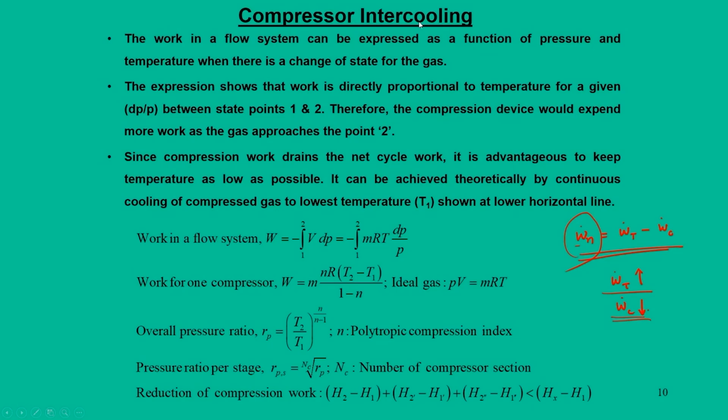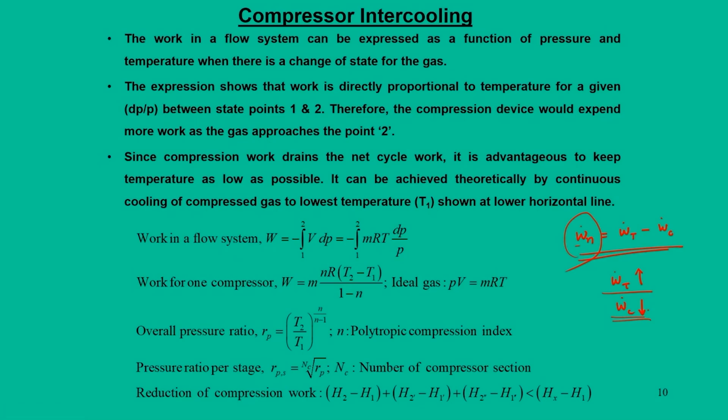Now, how do you do that? If you look at conventional flow systems like a piston cylinder mechanism, the flow work can be expressed in terms of VdP. This is compression, which means work is input, and with V equal to mRT by P, we can rewrite this flow work expression in this manner.